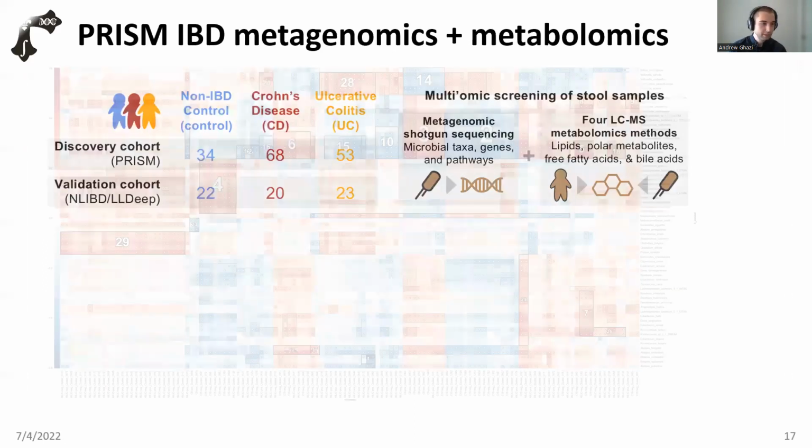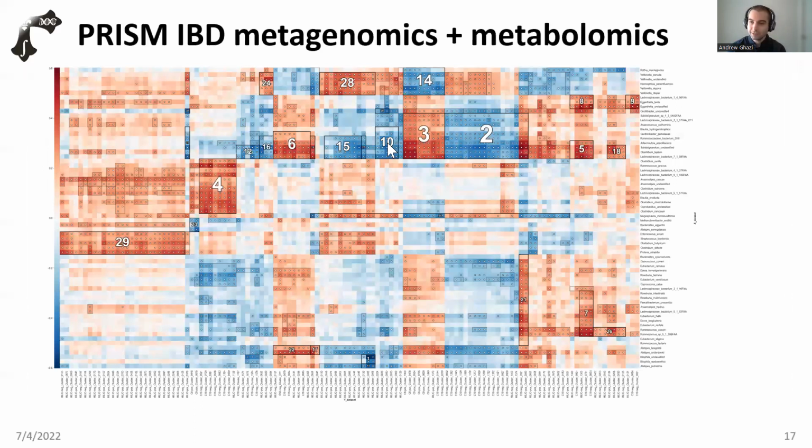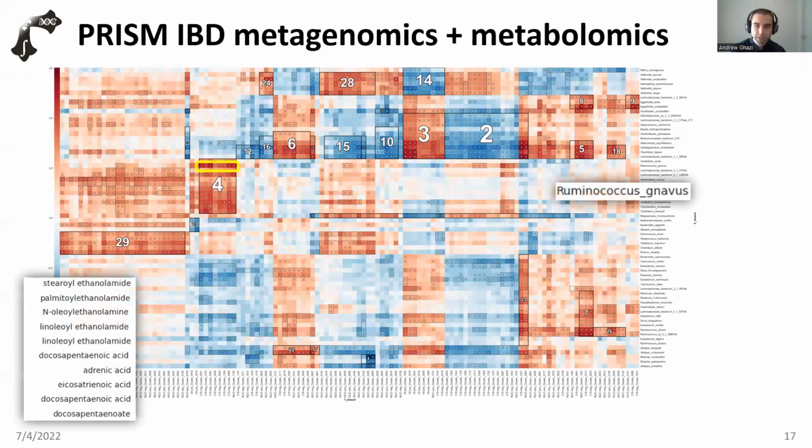And so this gives us a fairly large set of hypothesis blocks at the end to examine. But we were encouraged to see that among the top ranked results was a previously reported association between Ruminococcus navus and these fatty acid derivatives. And so it was good to see this result that recapitulated something we had already observed in a previous study.